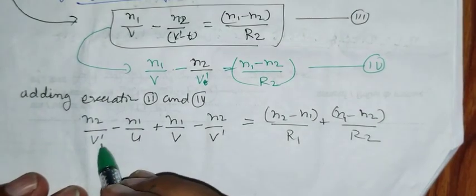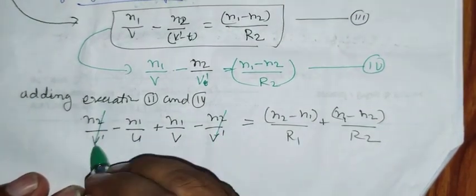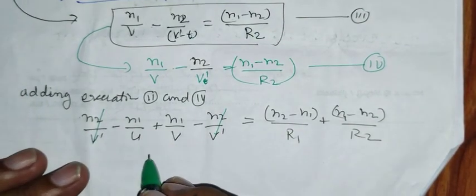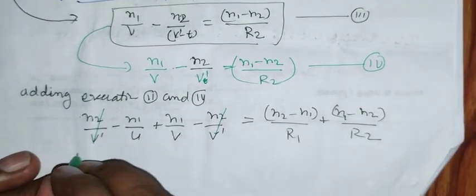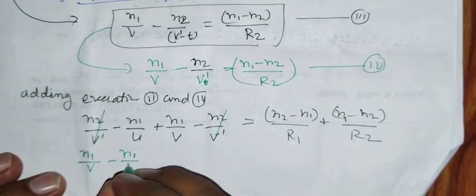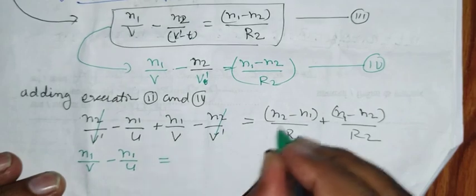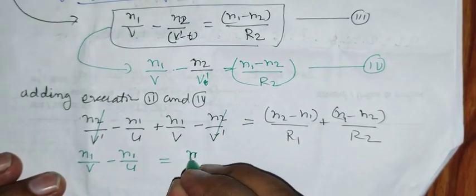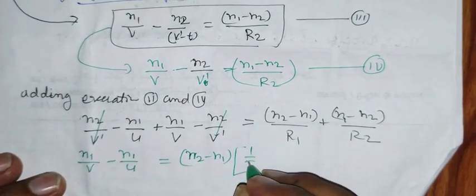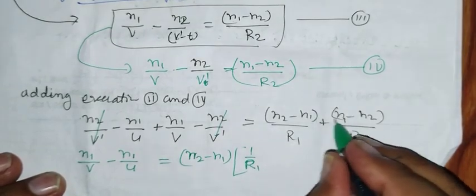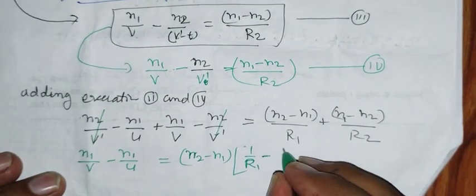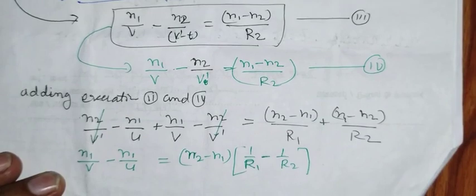When we see n2 by v dash and n2 by v dash with equal and opposite sign, they cancel each other. If we rearrange, we may write n1 by v minus n1 by u equals, taking n2 minus n1 common, 1 by r1. Here it is n1 minus n2, so it becomes minus 1 by r2.